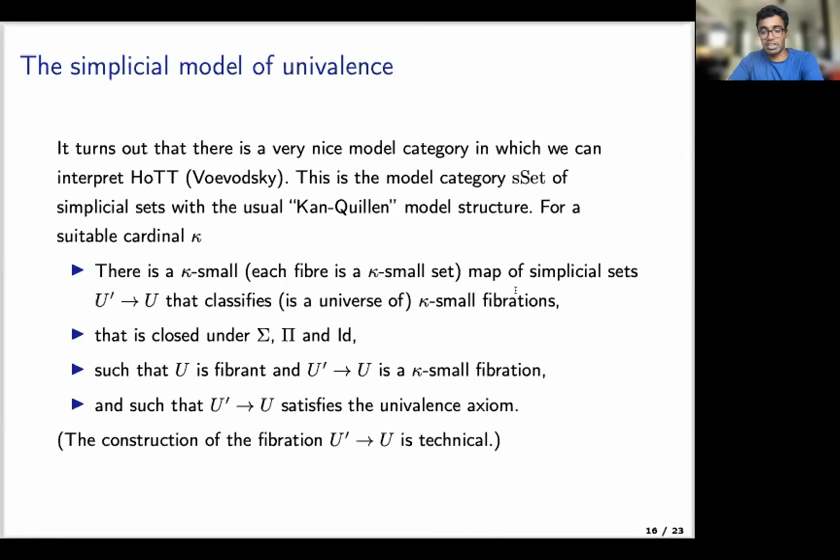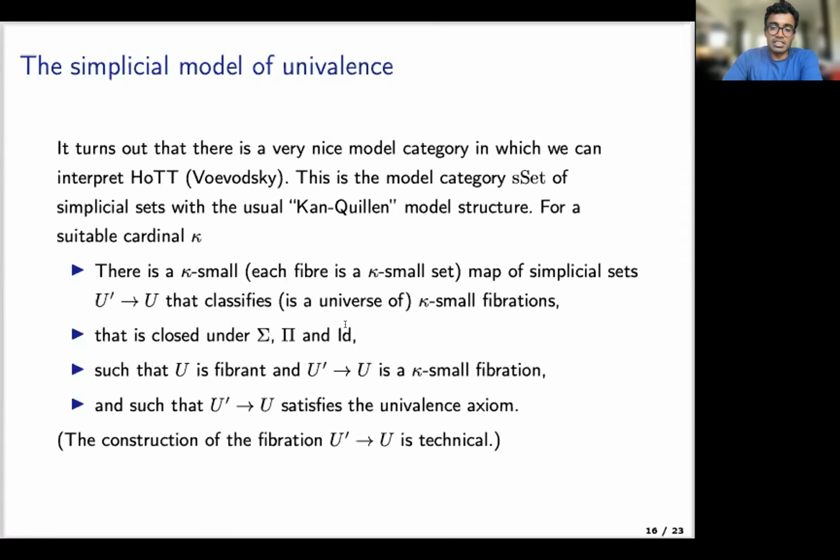So a kappa-small fibration is a fibration that as a morphism is kappa-small, and being kappa-small is this thing. Moreover, this universe is closed under sigmas, pi's, and identity type constructions. I didn't tell you what being closed under identity type constructions is, but I didn't really tell you what being closed under sigmas and pi's are. So a universe can once again be closed under identity type constructions.